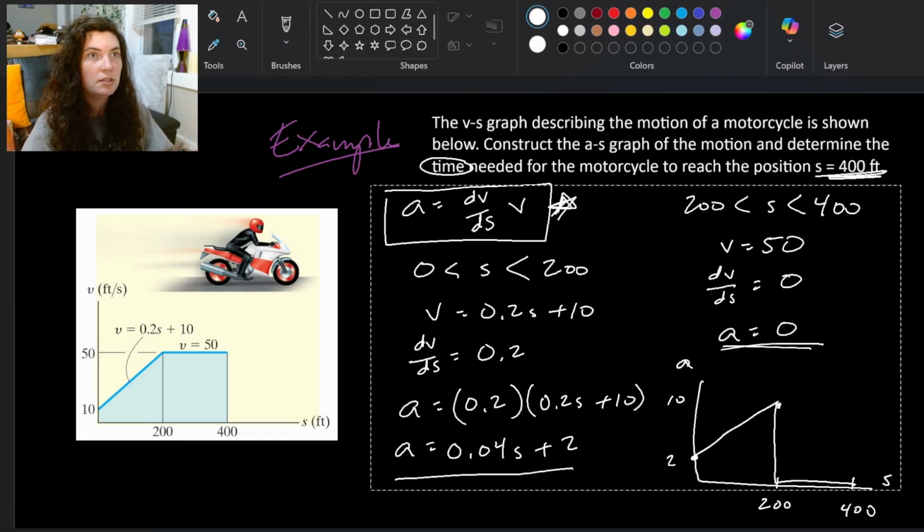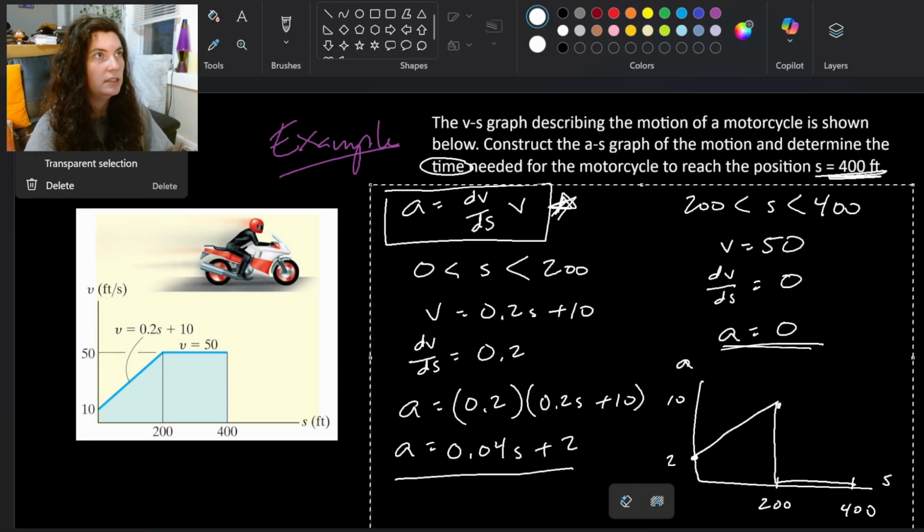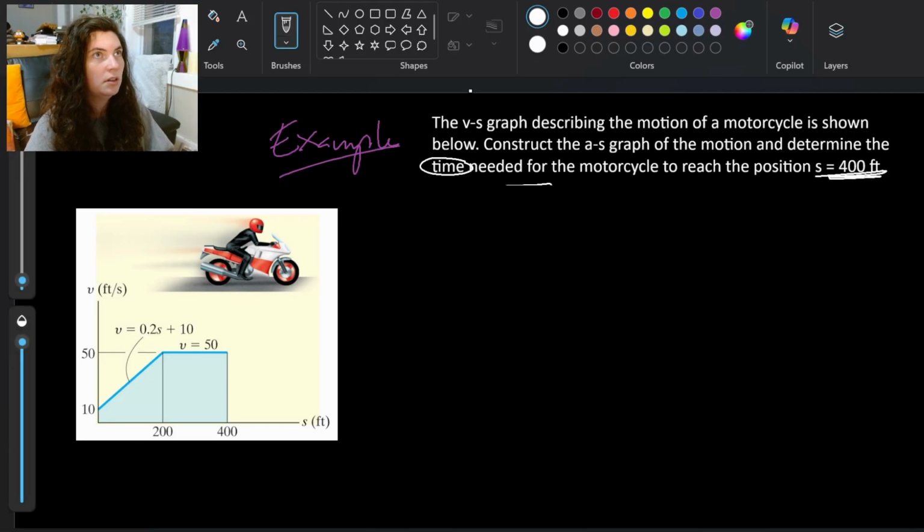Let me delete all of this out, and we're going to look at how we get that time. That relationship between position, velocity, and time is that velocity is ds over dt. If we rearrange this, dt is ds over that velocity.